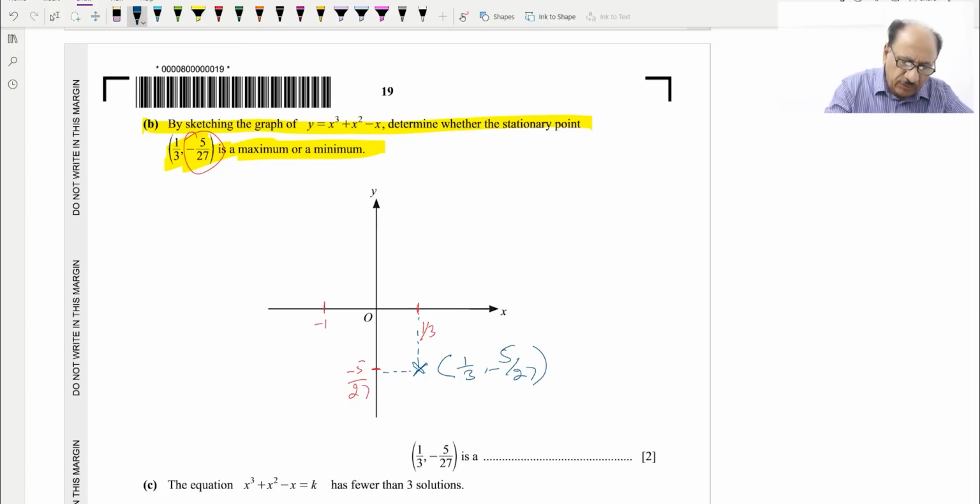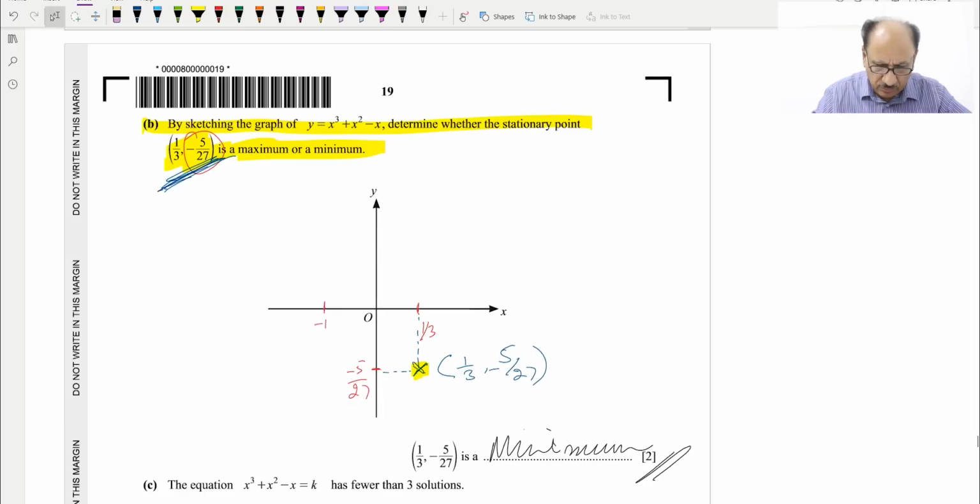Right, so we have traced this point, and now we can draw the function. We know that this is going down, so this is the minimum point. You can see here also that this is a minimum, we can write here minimum point, and that's all.